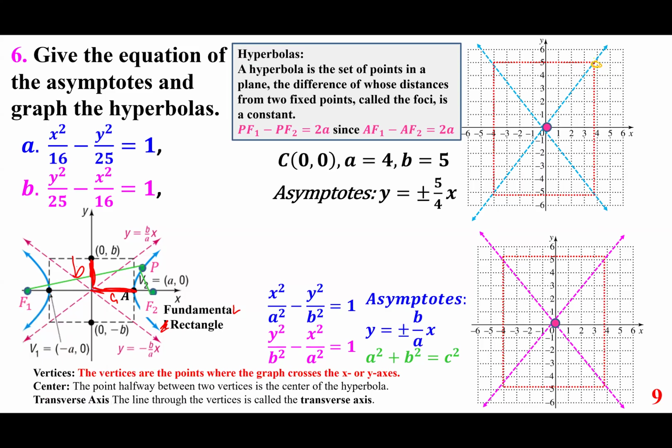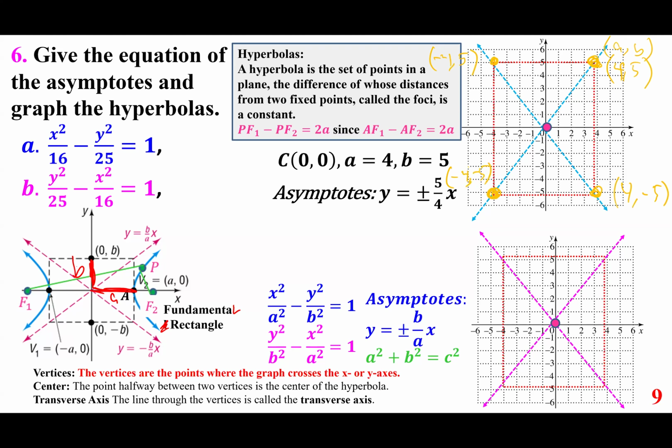If it's done properly, the coordinates are 4 and 5, so basically A, comma B. And this one, 4, comma, negative 5. This one is negative 4, comma 5. And this one, negative 4, comma, negative 5.